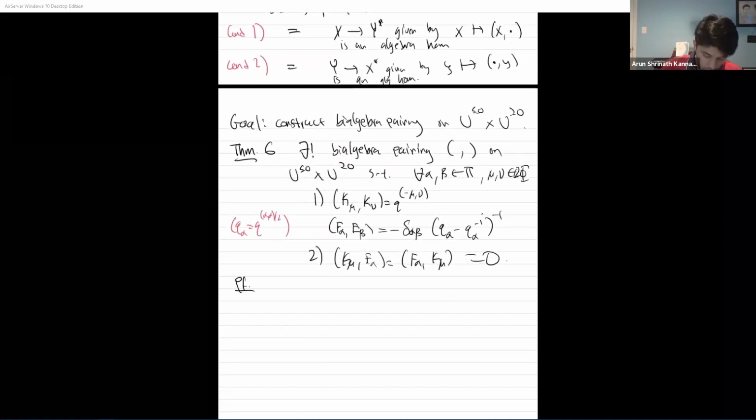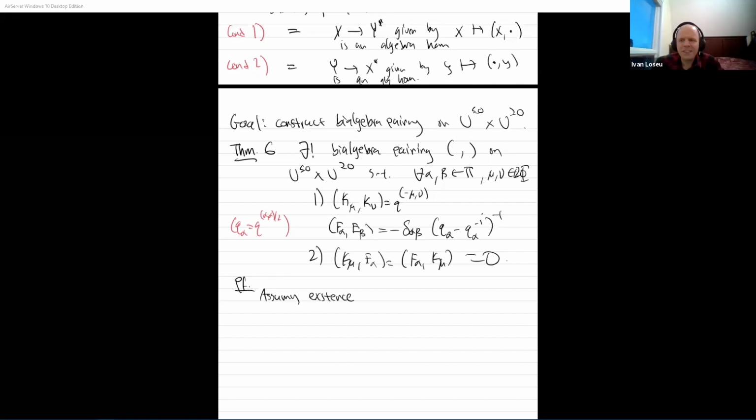Okay, so let's prove this, and let's start with the uniqueness. So let's assume it exists. One can ask why the formulas should be like this, and one of the answers is that what we want is a non-degenerate pairing. So we want a pairing without kernels on the left or on the right.